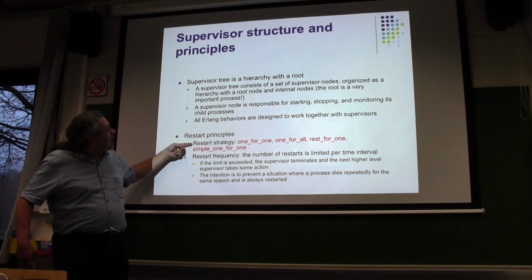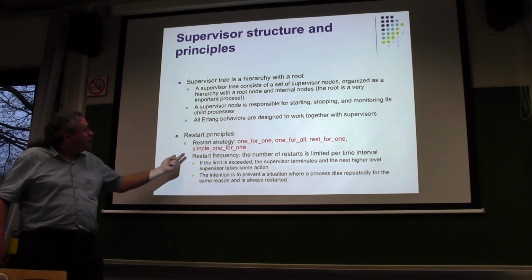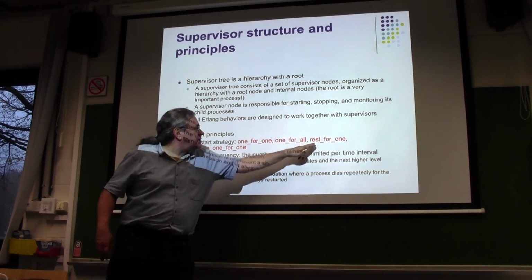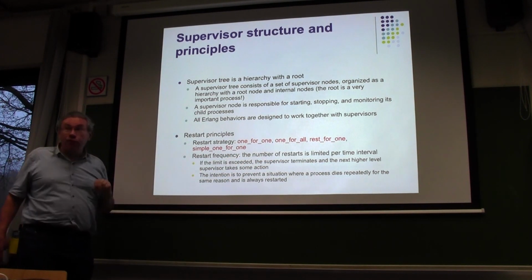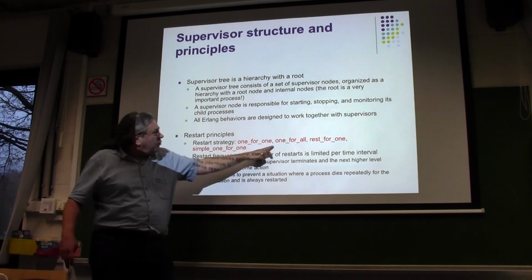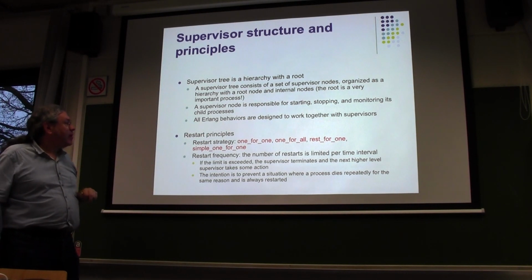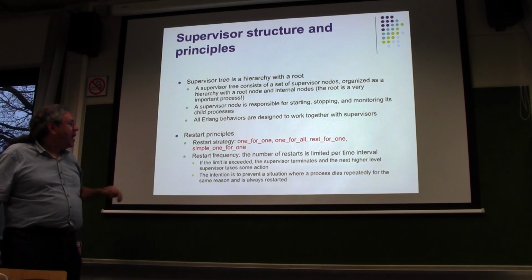And when a supervisor wants to restart the workers, it has a strategy. There are 4 basic built-in strategies: one for one, one for all, rest for one, and simple one for one, which I will explain.